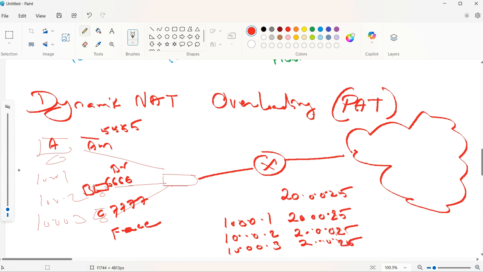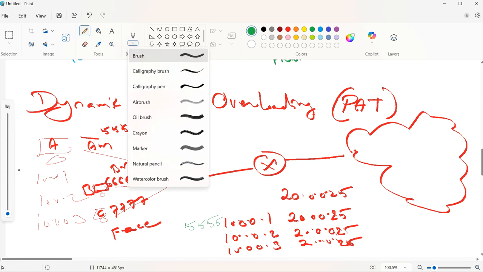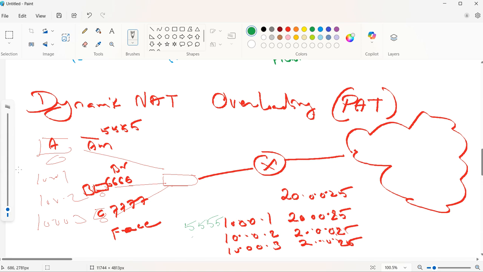But there is a difference now. In the previous two NATings, it did not focus on the port number that comes. This time it focuses on the port number also. So it makes a note.